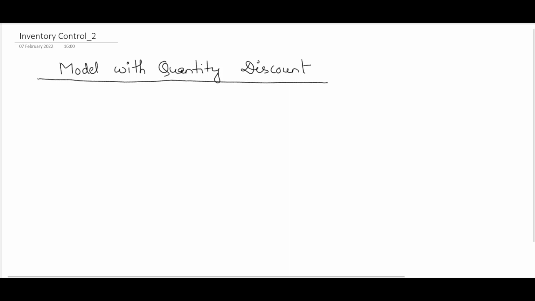I've already told you that when items are purchased in bulk, the supplier usually gives discounts on the purchase price of the goods. Let's say, as a generalized term, all of you please note down quantity and purchase price.